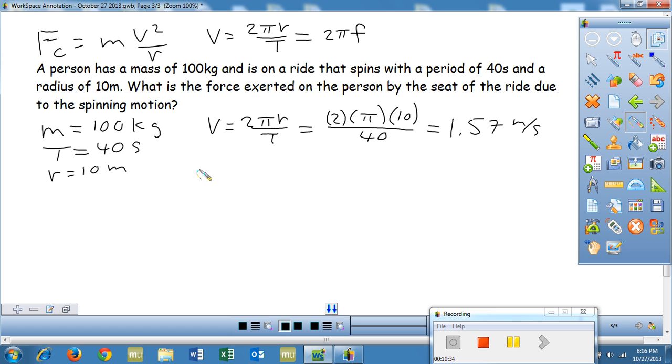All right, so now we can use our F c is mv squared over r. We don't have a tension in here, hold on a second.